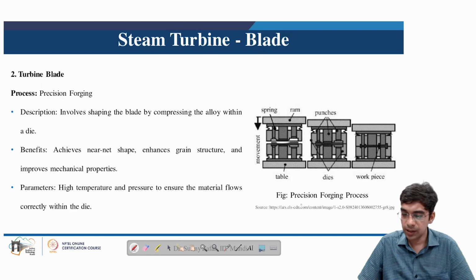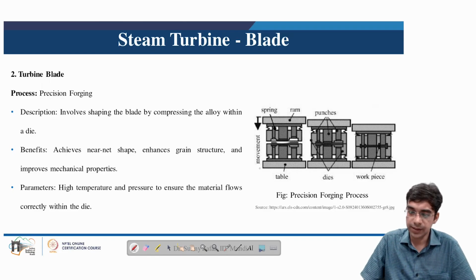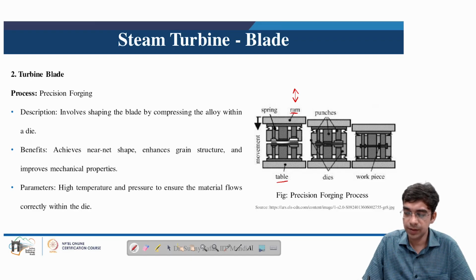If we see the image showing the precision forging process, here we can see that there is a table, and on the top part we have a ram which can move up and down to apply the compressive force. This ram also has some springs attached, and below the spring we have the dies in which the blade is loaded.